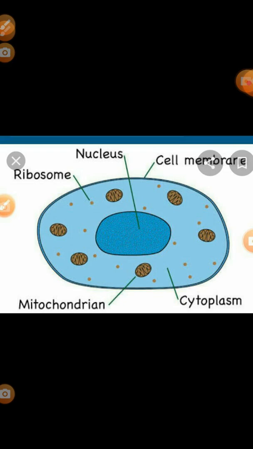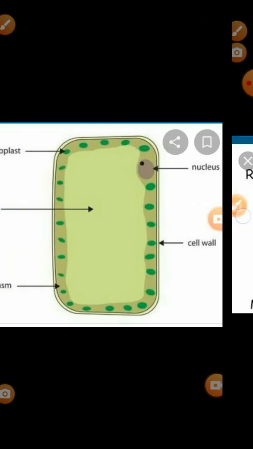They do not have a cell wall, and they do not have chloroplast. They also don't have a permanent big vacuole. Some small vacuoles are present for a short time in the animal cell. So this was the structure of an animal cell.